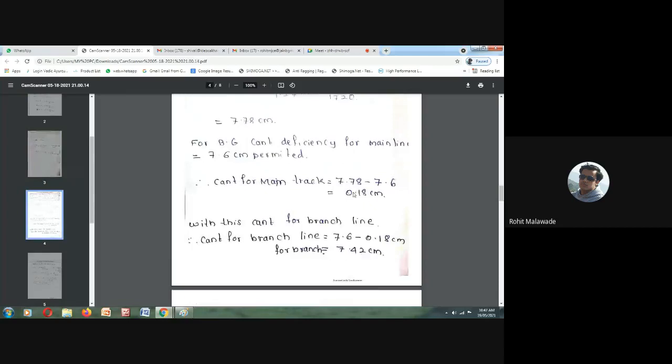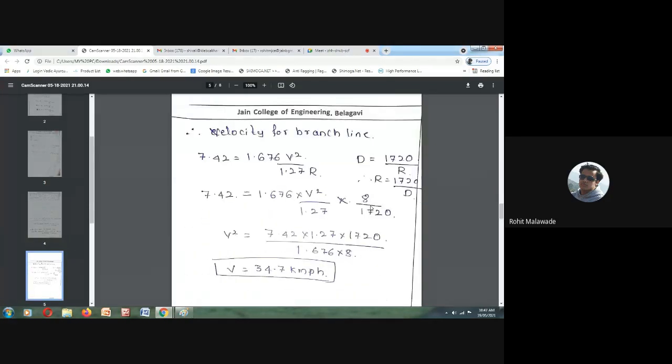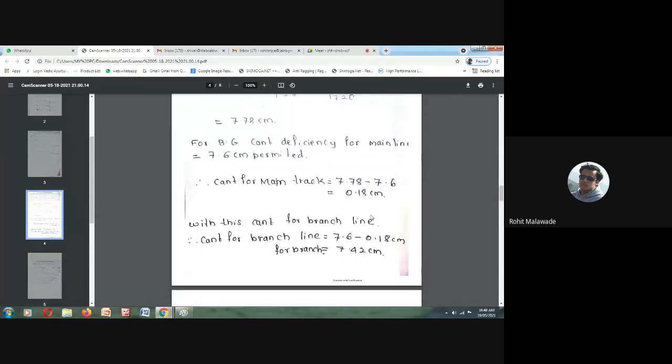As for broad gauge, they are telling it to be 7.6. So the cant for the main track, that is the super elevation, the difference between the outer rail and the inner rail, is going to be 0.18 centimeter.